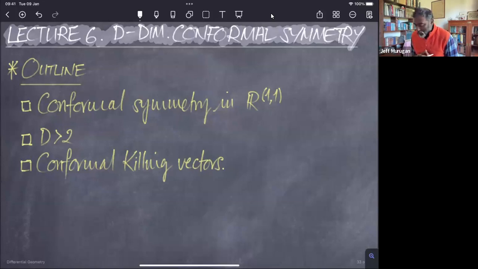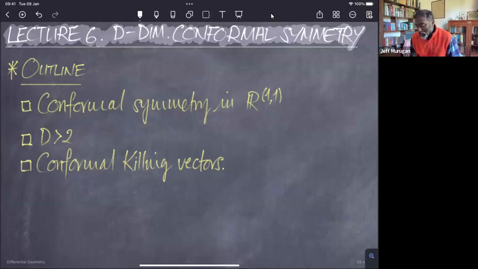R1,1, and then we'll extend these ideas to more than two dimensions, and this will lead us to the conformal Killing equation for general d-dimensional spacetime, and we will solve this and write down the conformal Killing vector in a general d-dimensional spacetime.